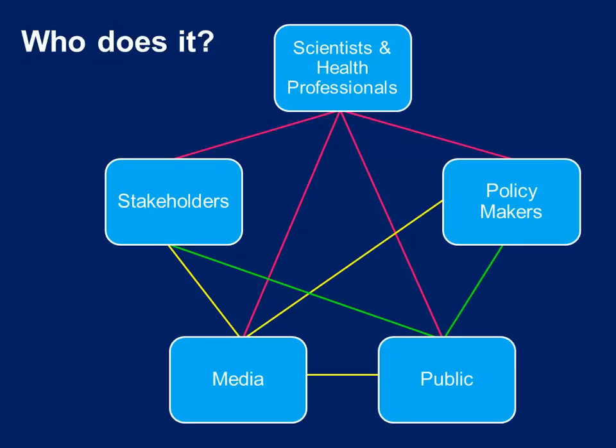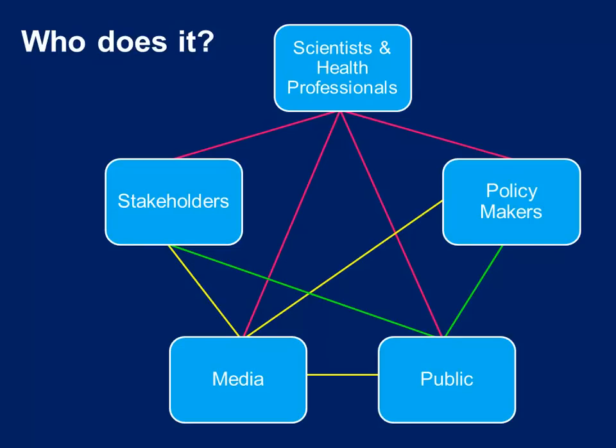Now, the stakeholders and policymakers are also communicating directly with the public, and the public, their decisions will influence how they support policymakers or different companies or organizations. So it's really a very intricate web, and there's many different players.